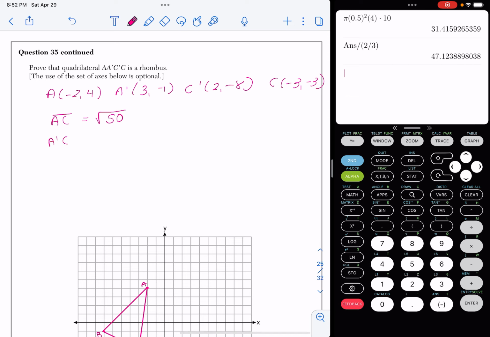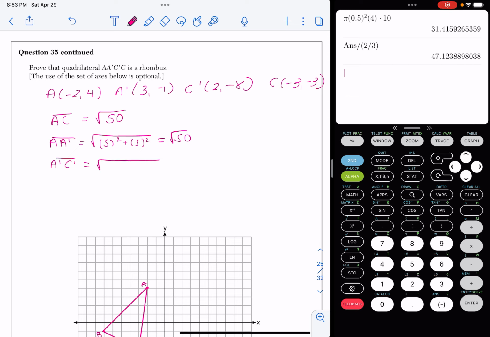So we'll do A prime, and I'm going to subtract the x's, subtract the y's, and I do get radical 50. Okay, the next side would be A prime, C prime.